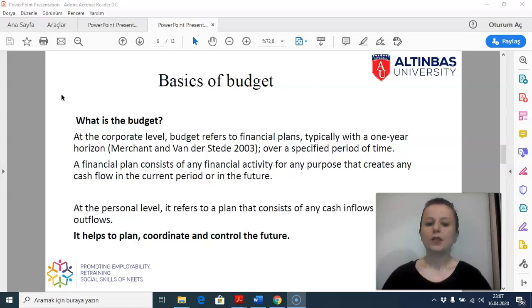Budgets help us to plan, coordinate, and also control future activities. At the first stage, it might not make much sense to you, but as you keep budgeting every month, at some point you will see where you were off and what areas you can improve your financial position.